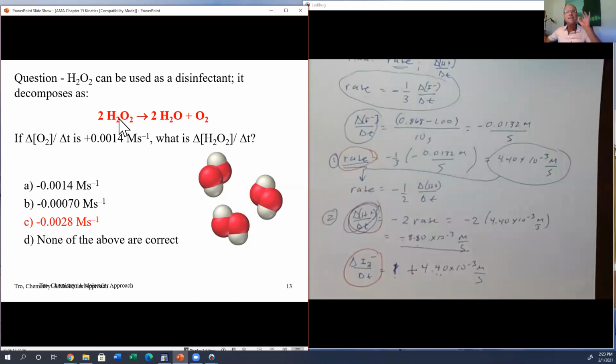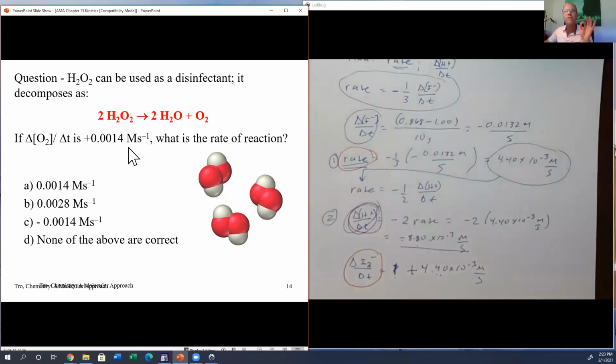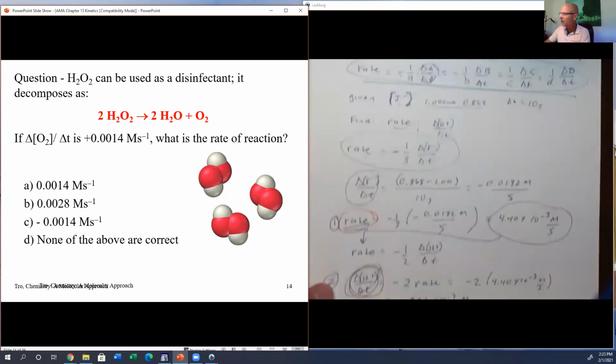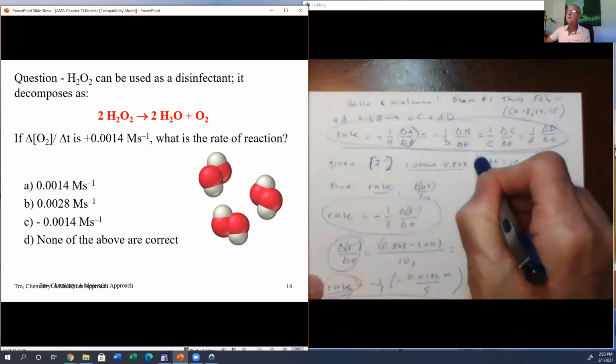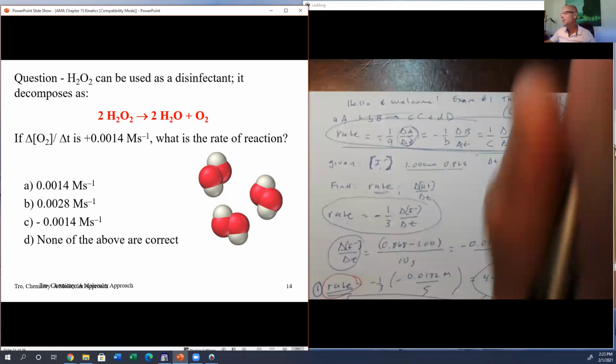Now, this question focuses on the rate of change of a reactant or product. Now I'm going to ask you a second question that asks you about the rate of reaction. Remember, the rate of reaction has this definition right here. So apply this definition to this reaction and give me the rate of reaction.